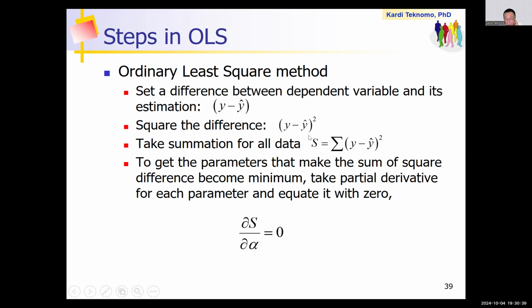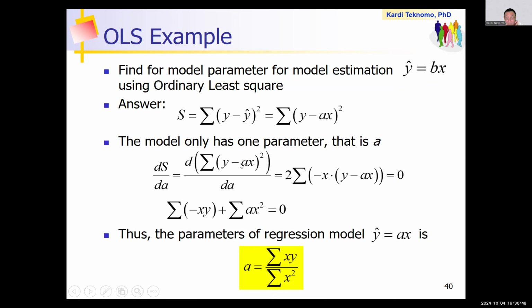Now, if you know the sum square of error, you take the first derivative of this with respect to its parameter. Then, for example, our model is like this. Then you can do OLS by setting the first derivative to 0, and then you can get a different formula compared to a while ago.